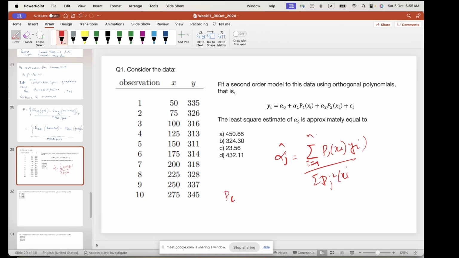Now P naught (xi) is always 1. So alpha naught hat is summation i equal to 1 to n yi by n, that is equal to y bar. So let us just find out what y bar is, and that is our answer.